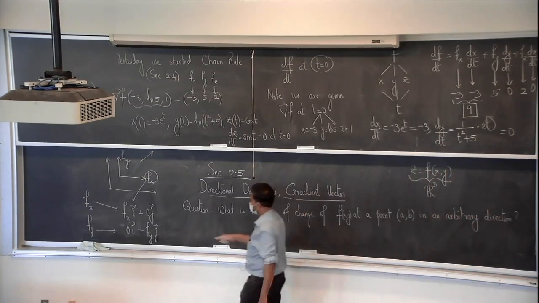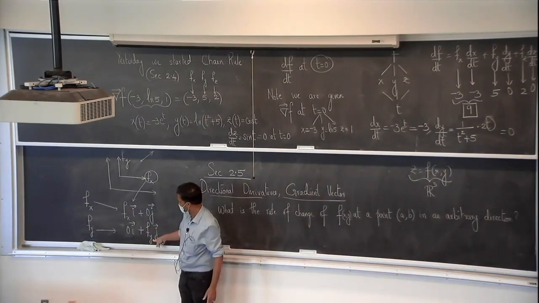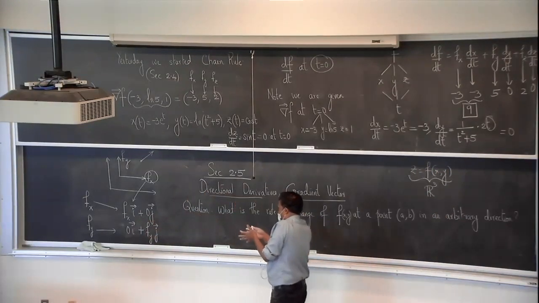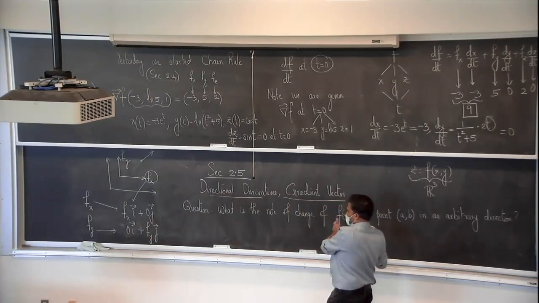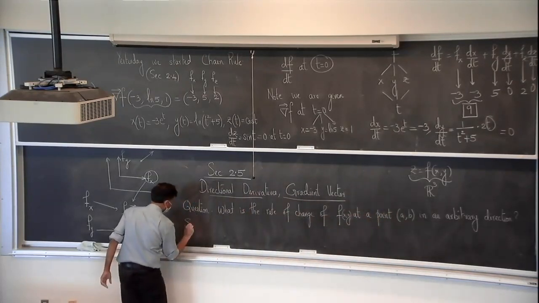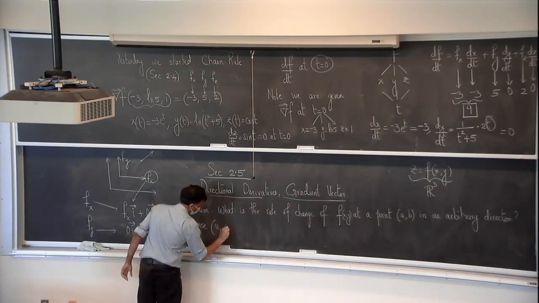So here we have two of these: fx along the i direction, fy along the j direction. The question is, what if we had an arbitrary unit vector along which we want to find the same rate of change? So suppose u1, u2.